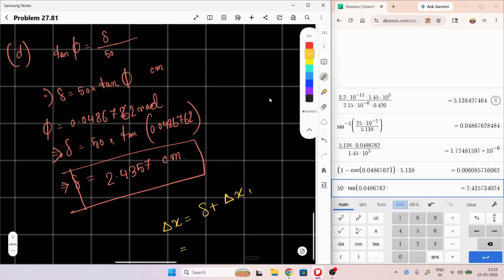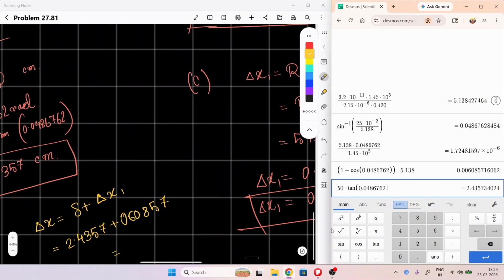So delta x would be del plus delta x1. Here del is 2.4357 and delta x1 is 0.60857.